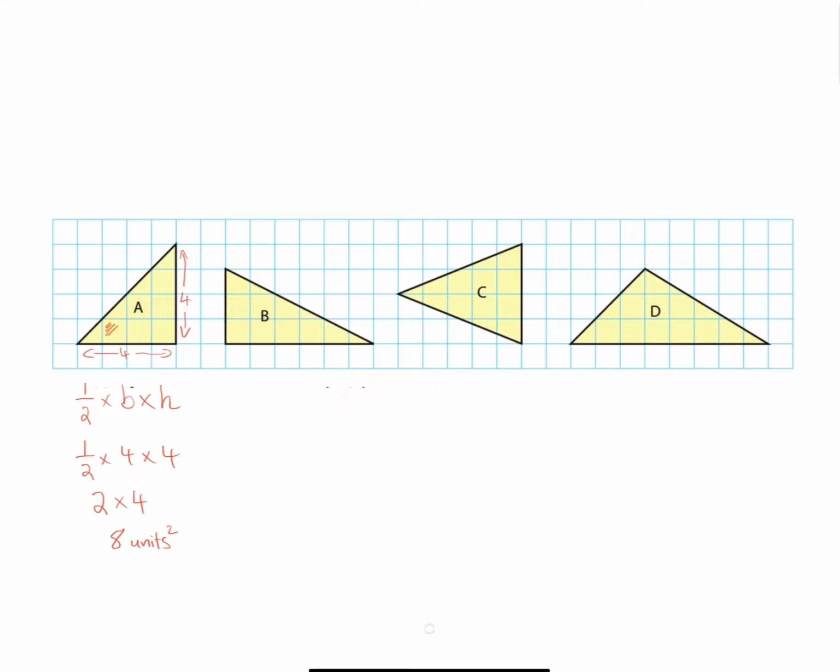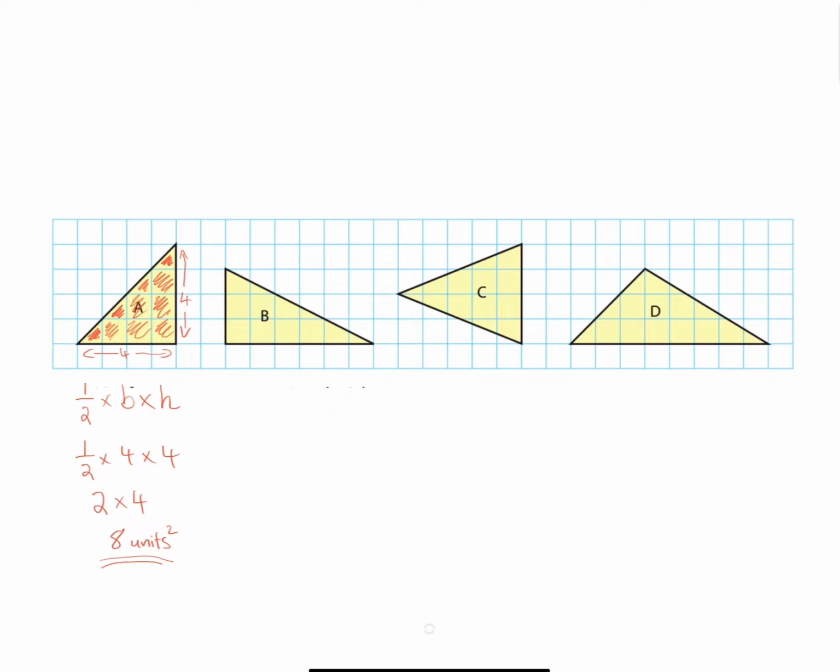So here we have 1, 2, 3, 4, 5, 6. Okay, so there's 6 there. But then we have half a unit here and another half. So add those together, you get 7. And then we have another half and we have another half. So add those together and we have 8. So yeah, we have 8 units. So I'd like you to pause the video now and try and do the last 3 questions here, B, C, and D.